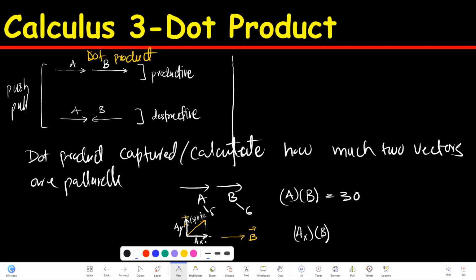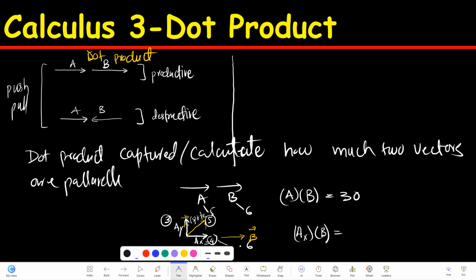Let's suppose AY is 3, AX is 4, A is 5, and B is 6. Can you tell me what is the answer for AX times B? AX times B. What is the answer? 24, right?